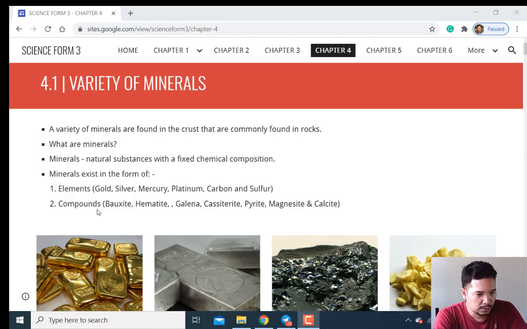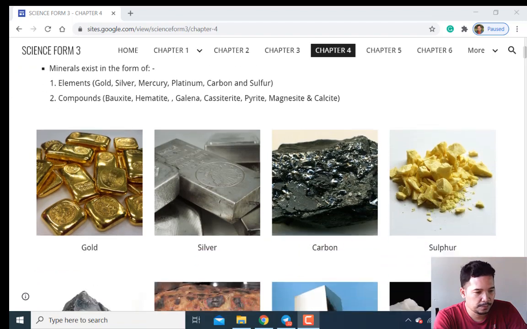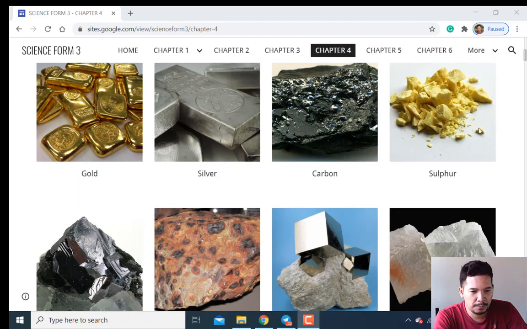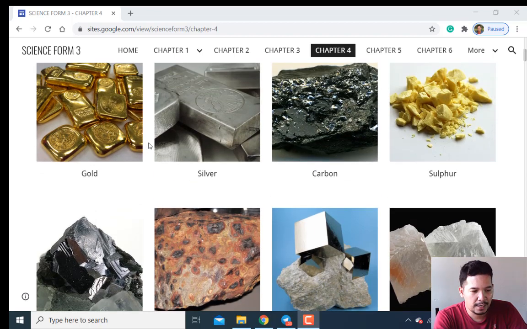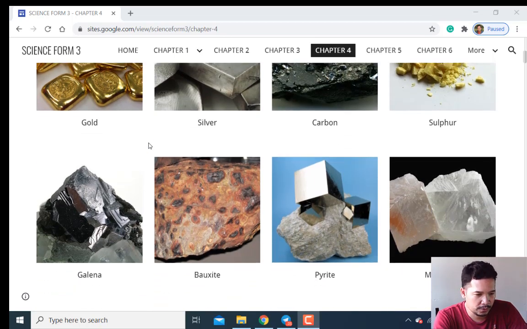For compounds, we already discussed that they exist in the form of natural compounds such as bauxite, hematite, galena, cassiterite, pyrite, magnesite, and calcite. So this is a picture of elements and compounds of minerals.